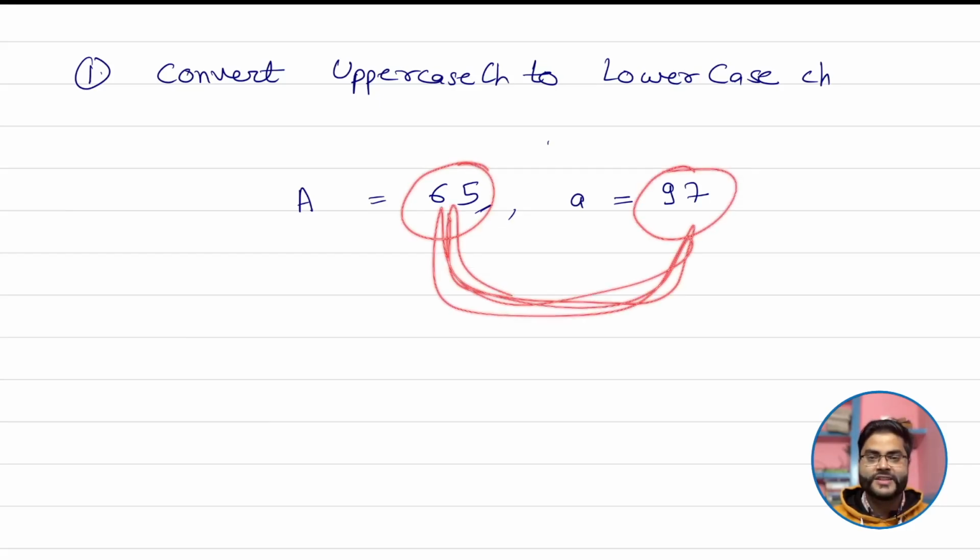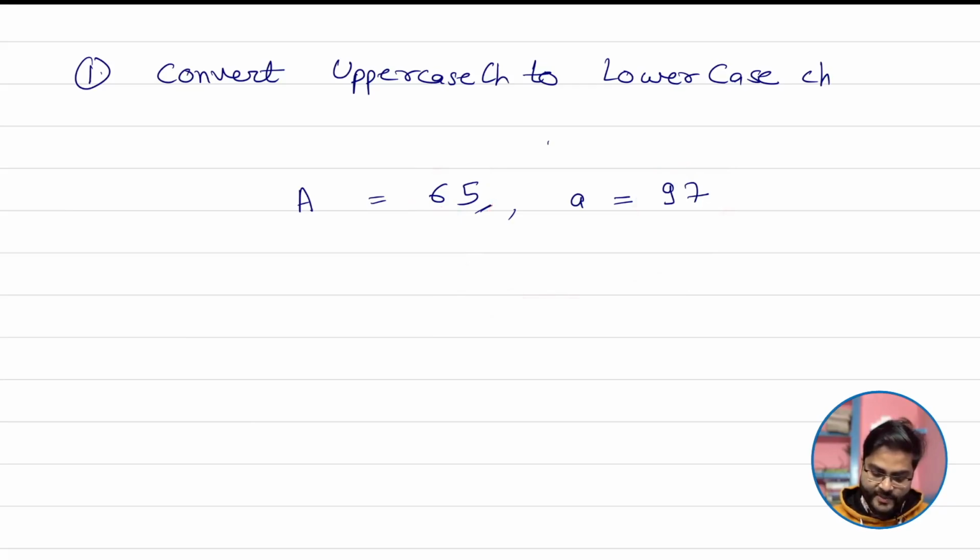This is nothing but 97 minus 65. The difference between these two is 32. And that's what we need, right?